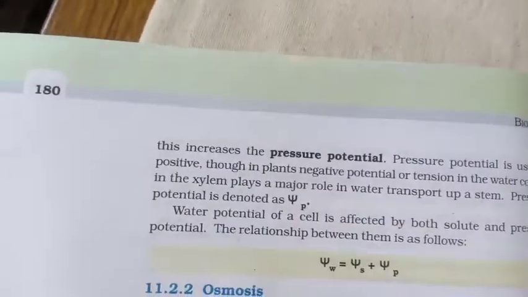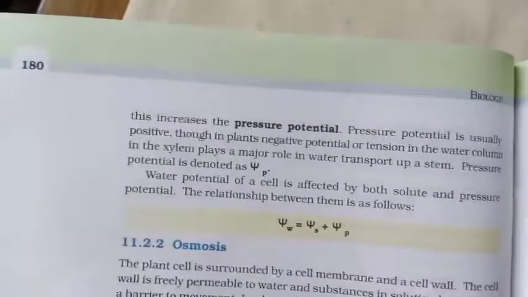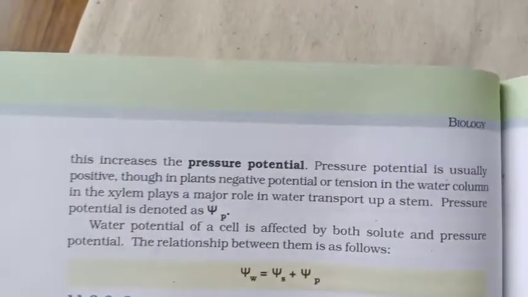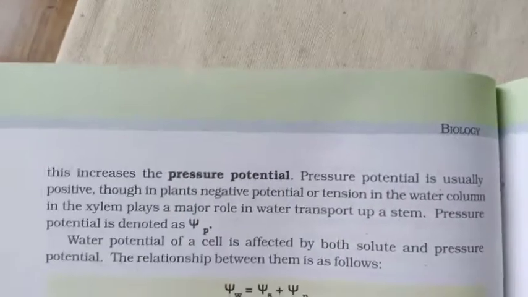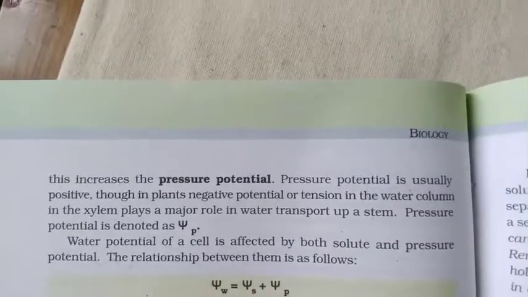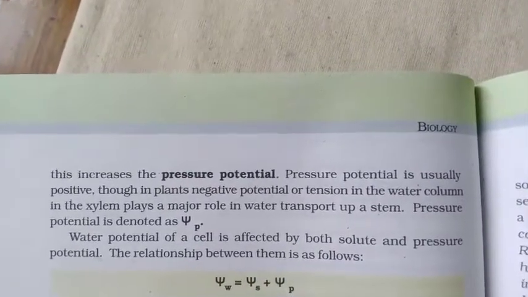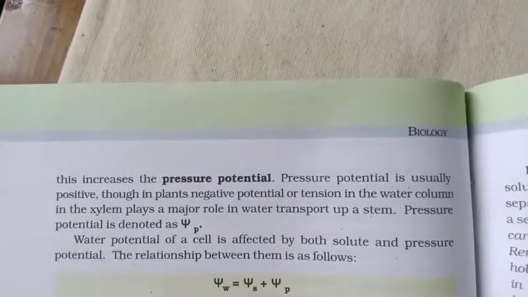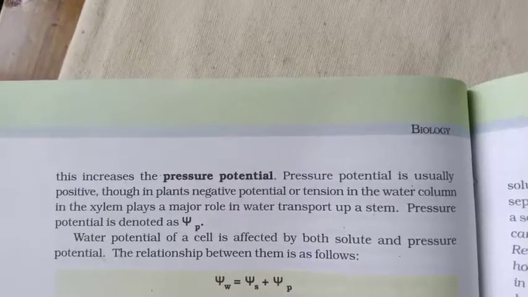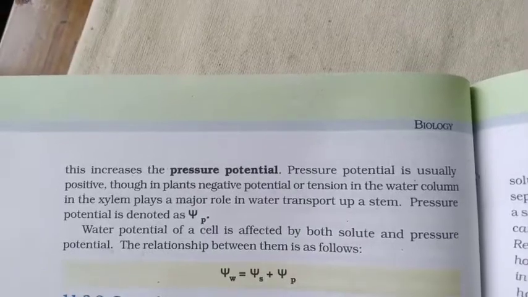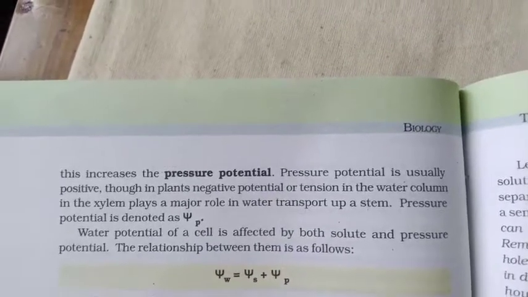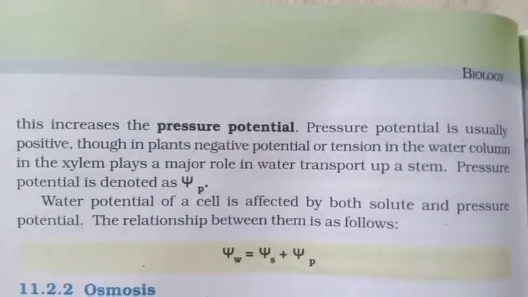This pressure potential is usually positive, though in plants negative potential or tension in the water column in the xylem plays a major role in water transport up a stem. Pressure potential is denoted as psi p.